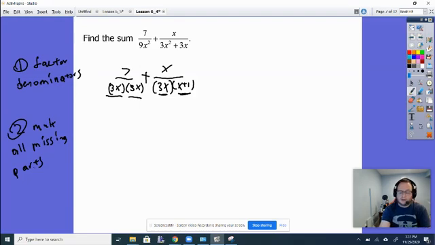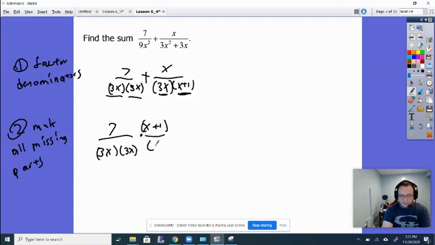So looking here, I am missing in my denominator an x plus 1. Don't worry about the numerators. The denominators we need to be the same. So I am missing an x plus 1. Oops, sorry. So I want to multiply by x plus 1 over x plus 1.